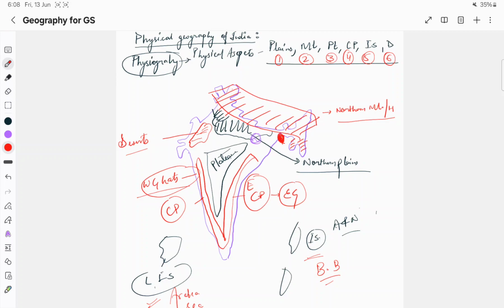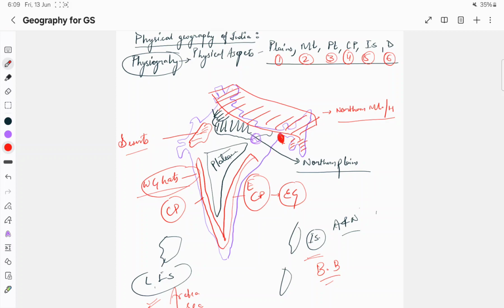Whenever you go anywhere, keep pinpoint things on your fingertips. Like what is the starting physiographical division, number one. What are the physiographical divisions we have in India? The second thing is six physiographical divisions, in which plains, mountains, plateaus, coastal plains, islands, deserts.